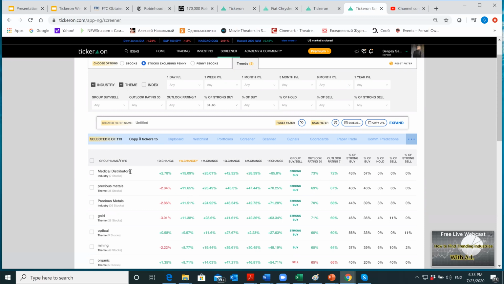Boom, medical distributors. Look how good it is. So why medical distributors? Because of the coronavirus, guys. Did you know these 7 stocks? I don't think so. And you see how well it performs. 43% of the strong buys and 57% buys out of 7 stocks.